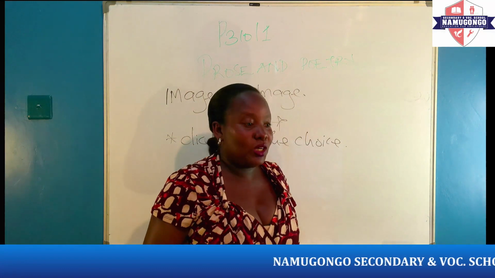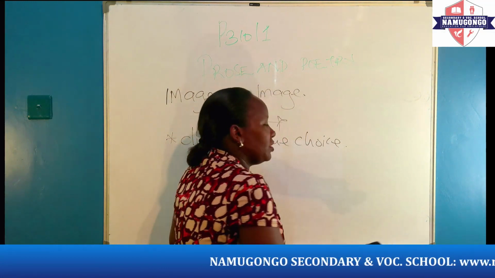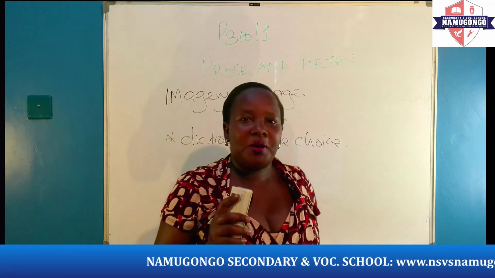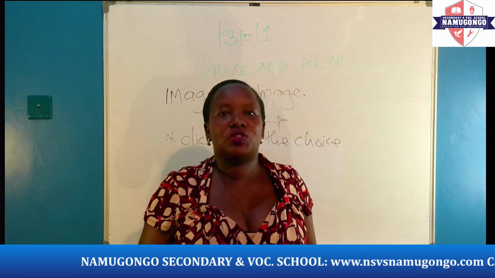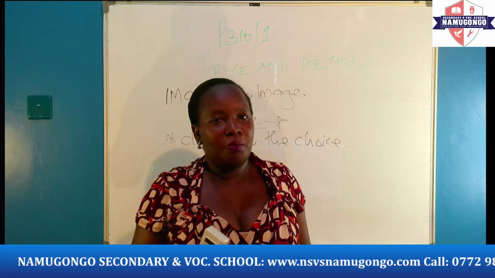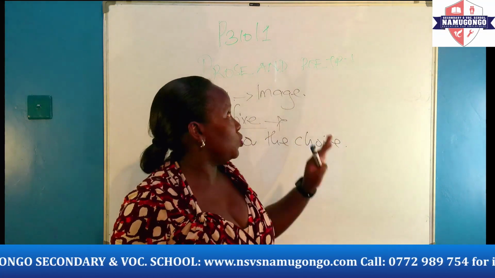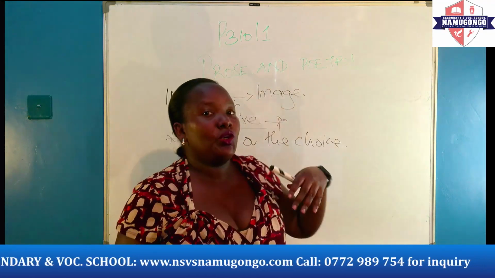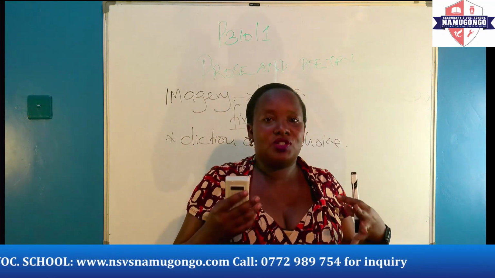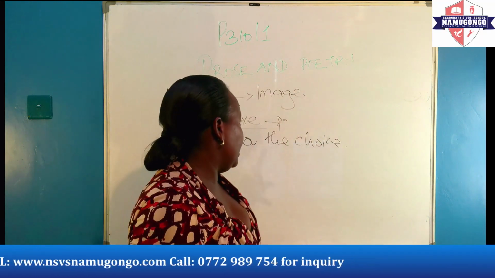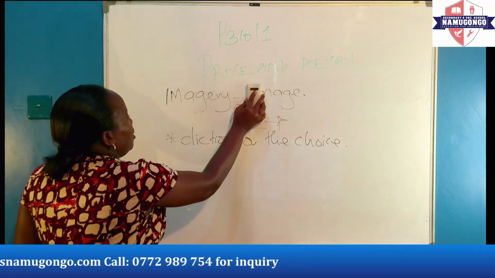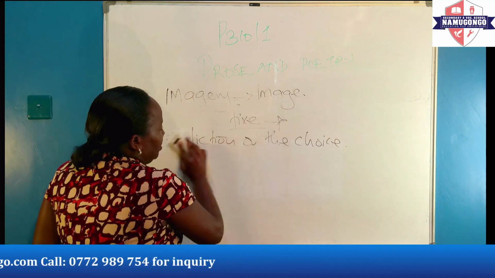Now, learners, still remember that we are looking at imagery in poetry. I remember mentioning that imagery is only and only in poetry. When we come to prose, what we know as imagery is descriptive writing. So girls and boys, what are the different kinds of images?